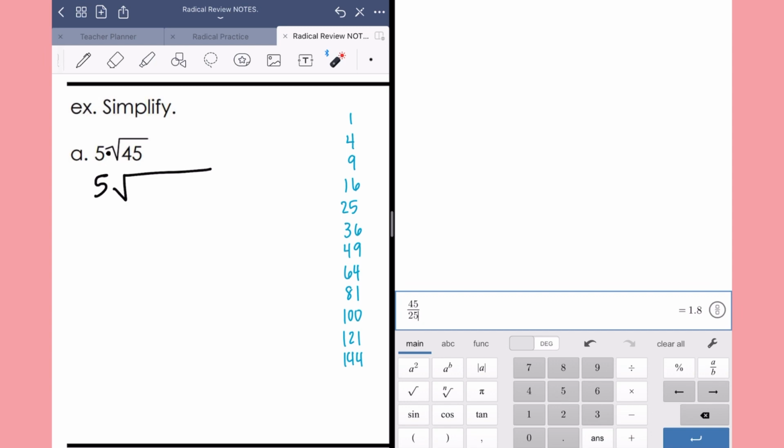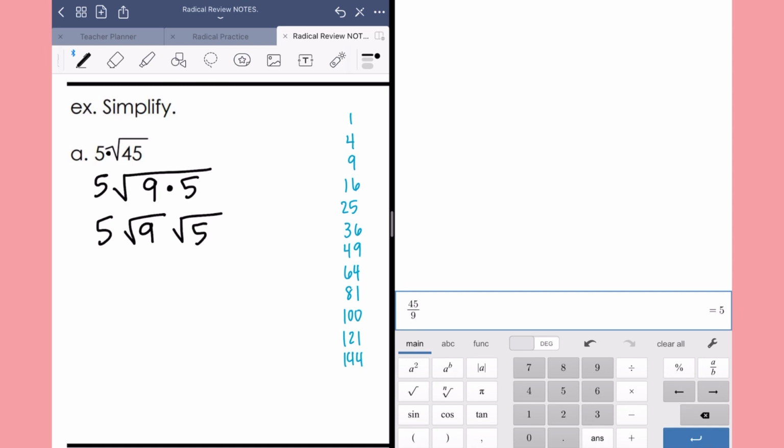Nope. 16? Probably not. 9? Yes, 9 times 5. 9 times 5 is 45. Okay, so 9 is my perfect square. I want to simplify it, so I'm going to separate it from 5 because 5 will stay inside the square root.